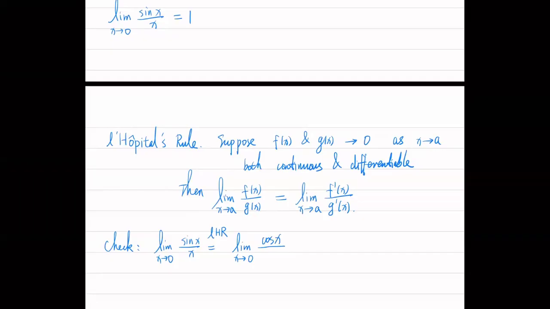And Sakina, the derivative of the denominator? 1. Sophia, what's this limit? Oh, it's 1, cosine 0. So that now we can plug in.